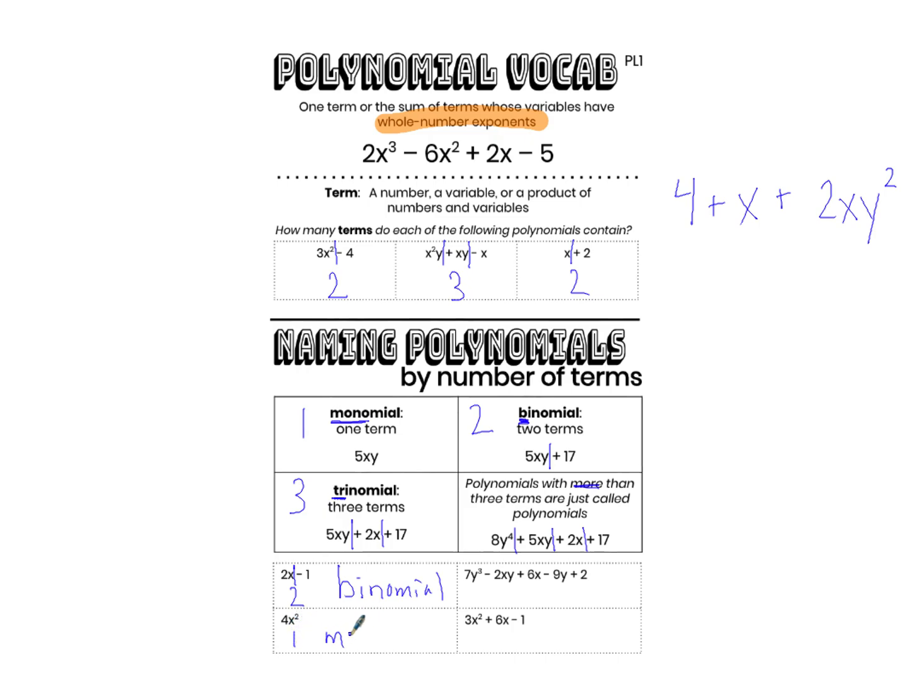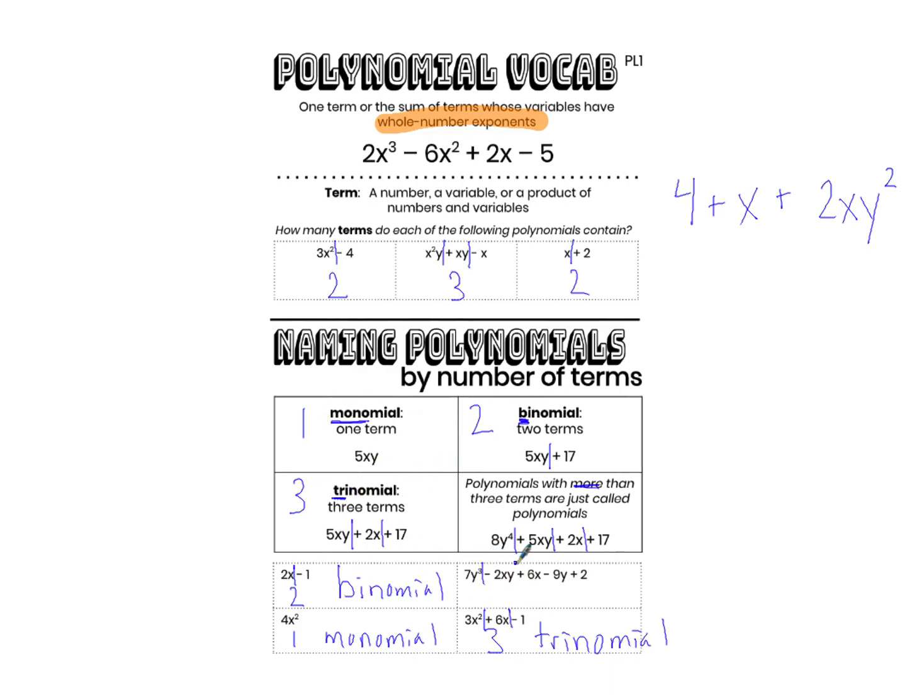That's called a monomial. Two, binomial. One, monomial. Let's do this one first. We have 1, 2, 3 terms, and we are calling that a trinomial. So 1 monomial, 2 binomial, 3 trinomial.